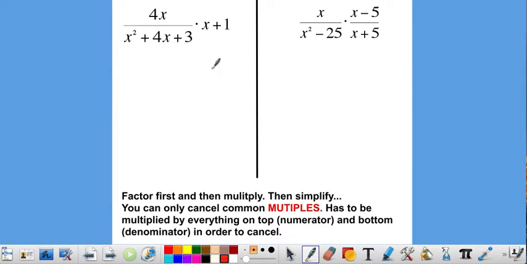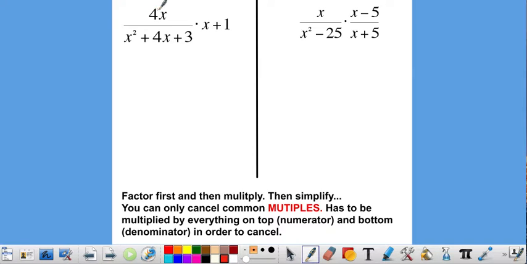So in general, if you have expressions that are a little more complicated, it's always going to be a good idea to change addition or subtraction into multiplication. So if you can factor, do that first and then see what cancels or simplifies.